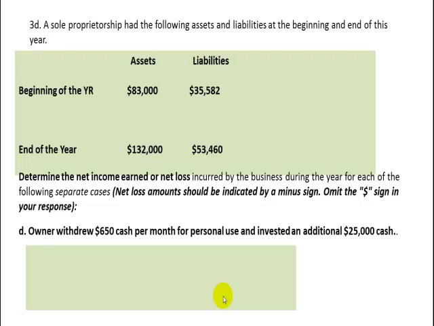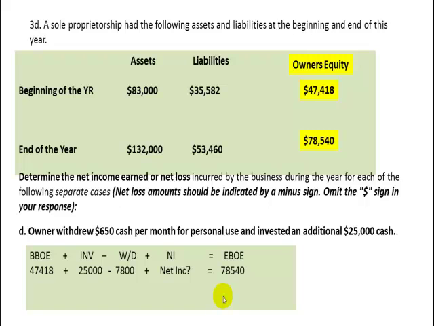Part D, same information, plug all that in to our little equation there. This time, the owner withdrew $650 cash per month for personal use and invested an additional $25,000. So we have two things going on here.